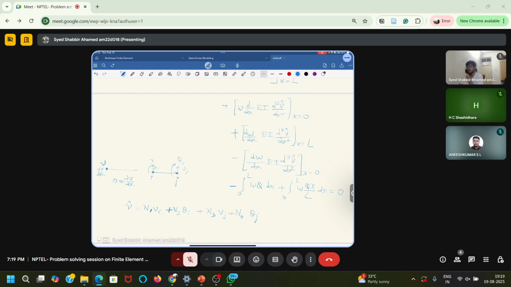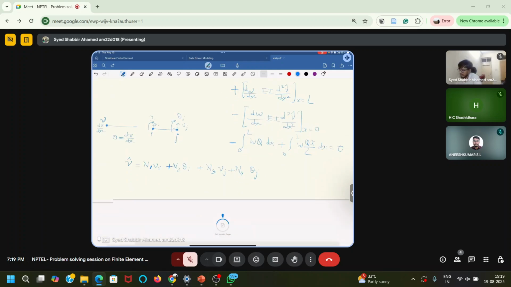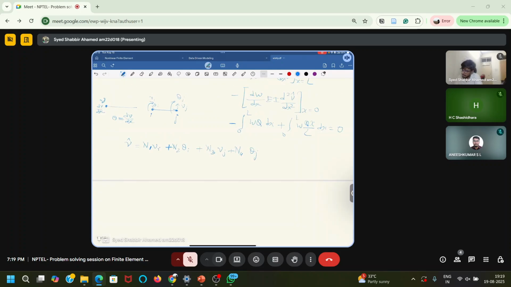We have gone through various interpolation techniques during the start of this course. So here we can use the Hermitian polynomials. Cubic Hermitian interpolation can be used. I also want the slope of the beam, so this is my displacement approximation.